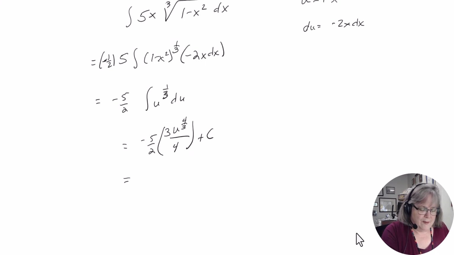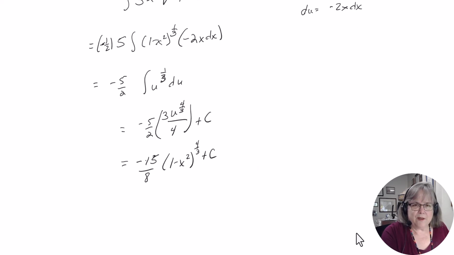So I'm going to skip a step because it's getting kind of long. So you'd have minus 15 over 8. And then substituting in there for u, you'd have 1 minus x squared to the 4/3 plus c.